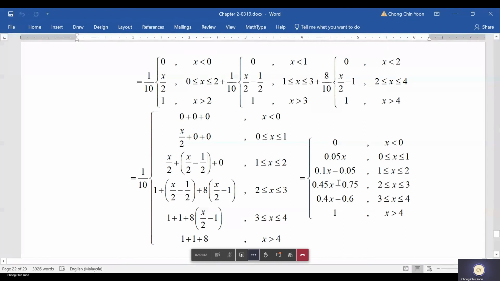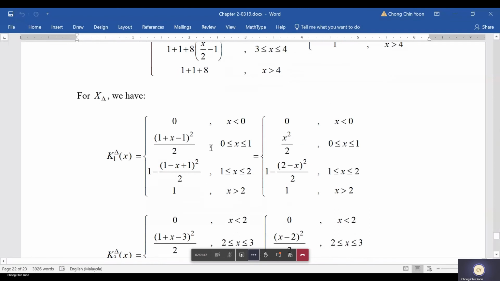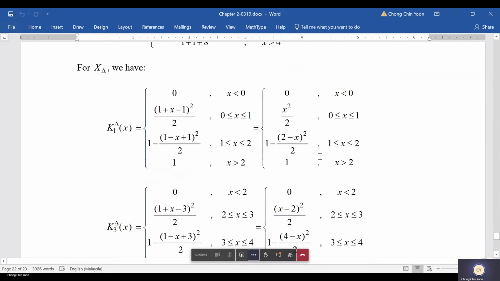Let's go to the kernel, then the triangular. Of course, the same: you have to refer to this formula.